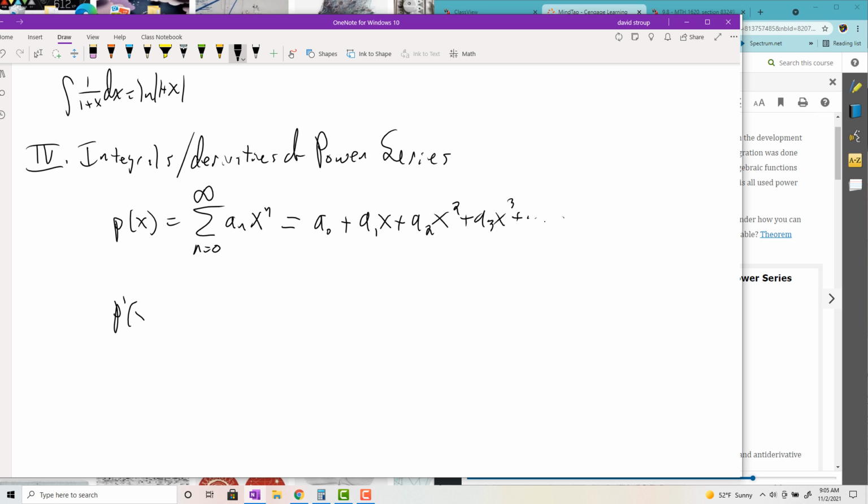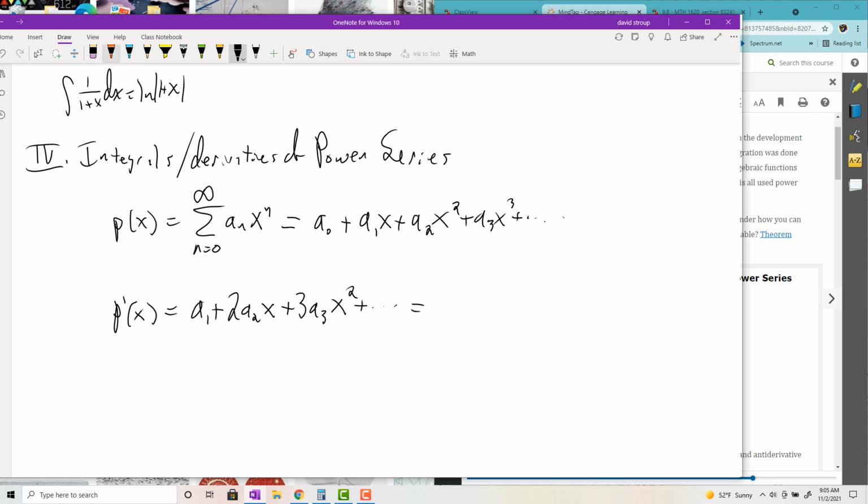Then p prime of x would equal a sub 1 plus 2 a sub 2 x plus 3 a sub 3 x squared plus dot dot dot.